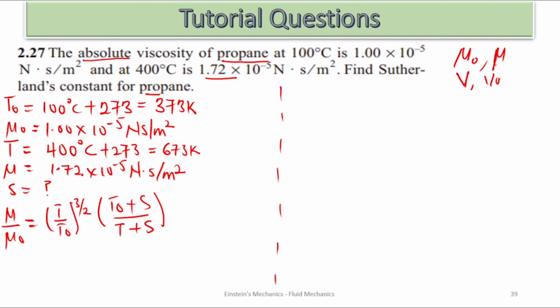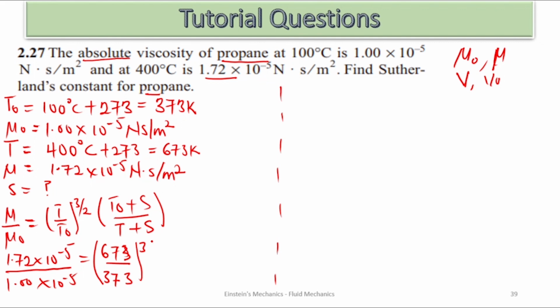So first, my mu is giving us 1.72 to the power negative 5, over my initial one, which is 1.0010 to the power negative 5, should be equal to my T, which was given as 673, and my T naught is 373. Don't forget 3 raised to the power 2, and I have also 373.